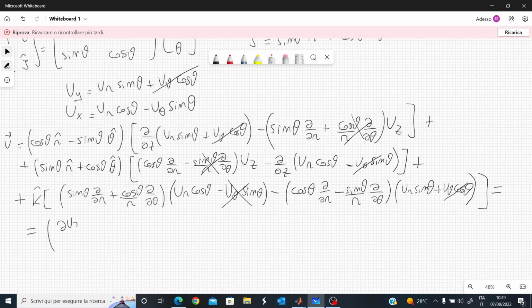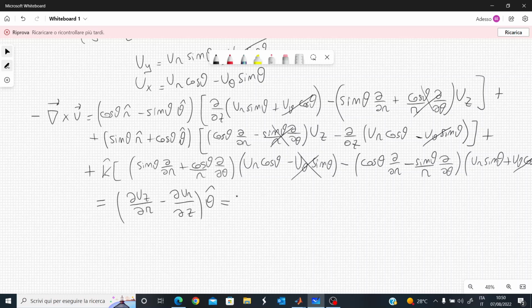And what you will get is this. You get duz dr, and then you have minus dur dz times theta. So this is equal to, remember where we started from, minus curl of u, which is equal to minus omega, and therefore since omega only has a component along theta, this is minus omega theta times also the unit vector theta.